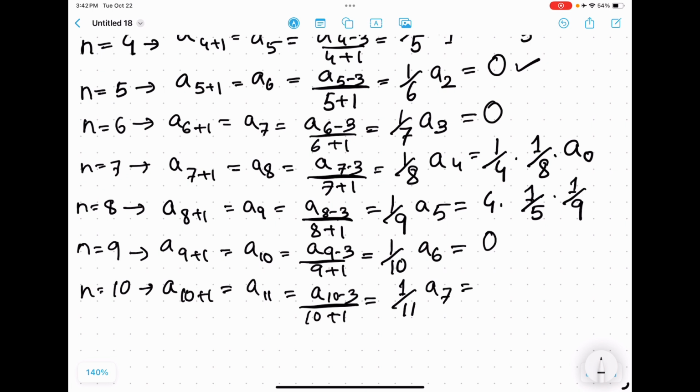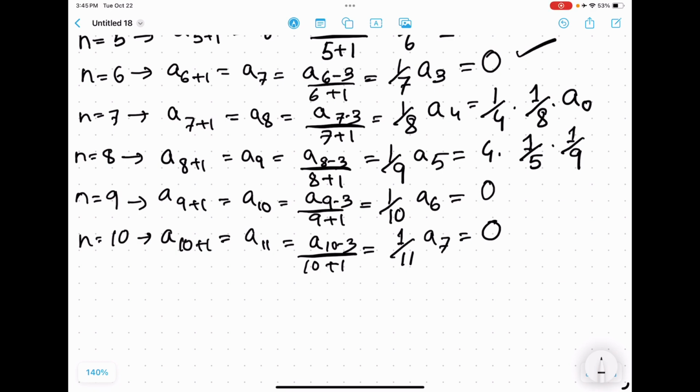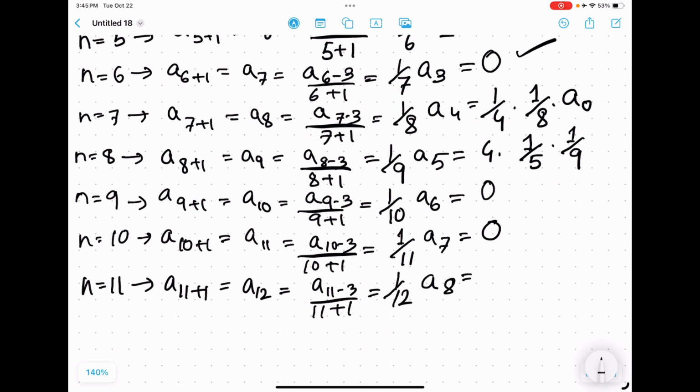And I've seen that my a sub 7 is also a 0. Okay. Then we have our n equals to 11, which is a sub 11 plus 1, equals a sub 12 equals a sub 11 minus 3 by 11 plus 1, which is 1 by 12, a sub 8. So if I look at my a sub 8, which is this one right here, I have 1 by 4 times 1 by 8 times 1 by 12, a sub 0.